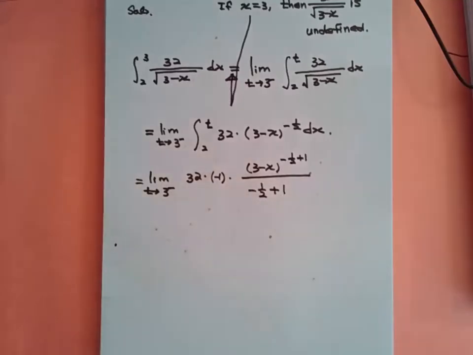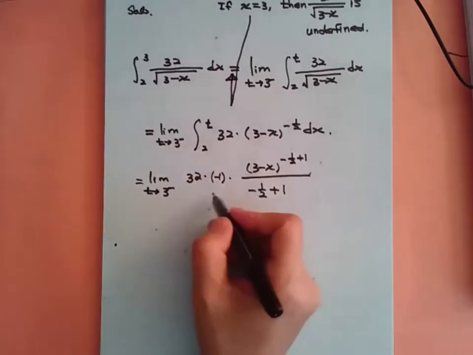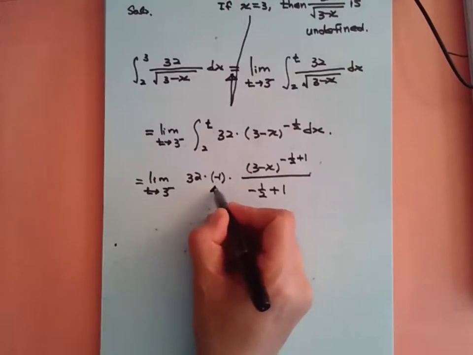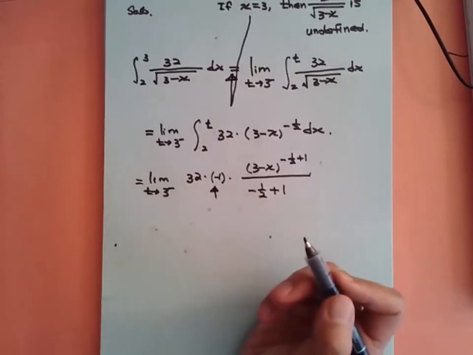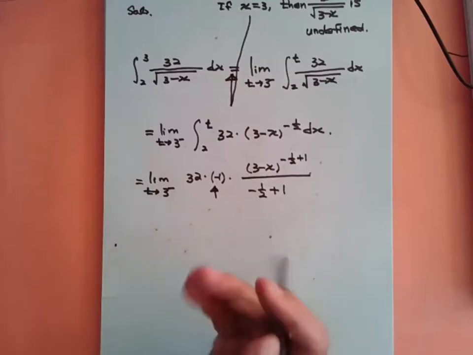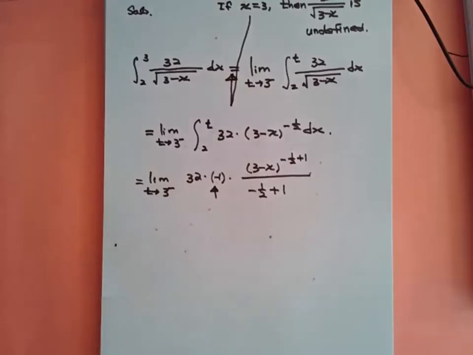So probably some of you are confused about why I multiplied minus 1. So do you know where the minus 1 came from?